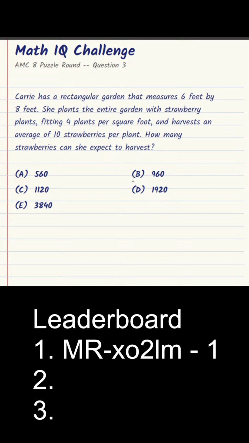And the options that are given are option A 560, option B 960, option C 1120, option D 1920, and option E 3840. So comment the option that you think is the right answer, and then we'll see which one is correct.